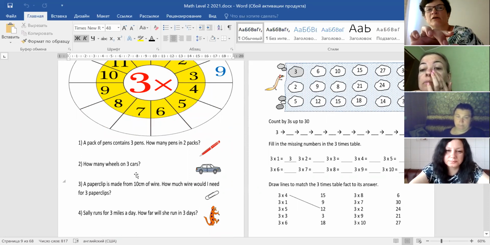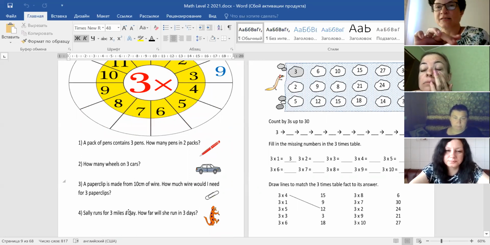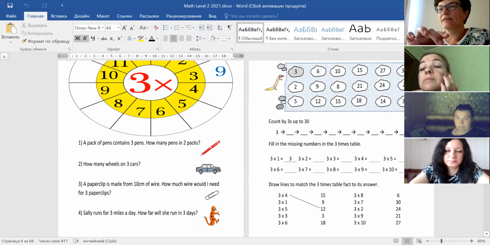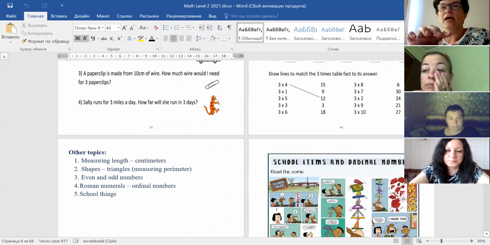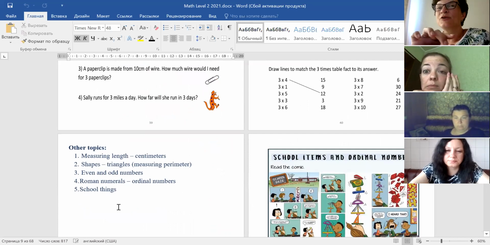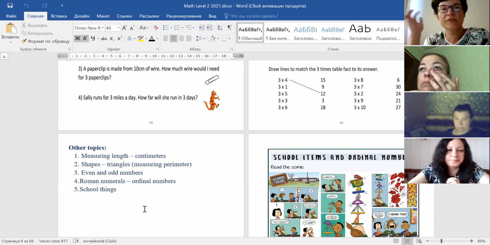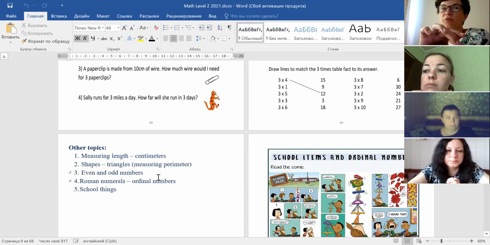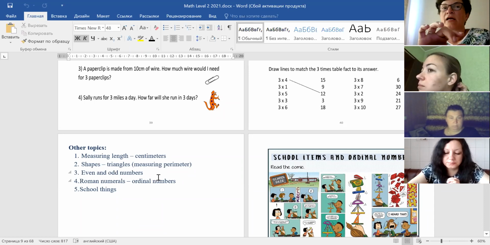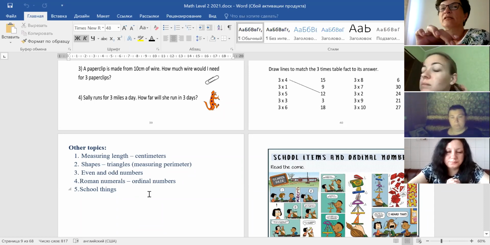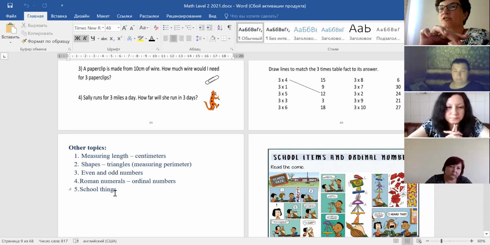How many wheels on 3 cars, and so on. This is for multiplication. And here you will need to add other topics for measuring lengths, centimeters, shapes, triangle, and we'll measure the perimeter of shapes, even and odd numbers, any type of a puzzle, of a riddle, and something with Roman numerals and ordinal numbers and school things.